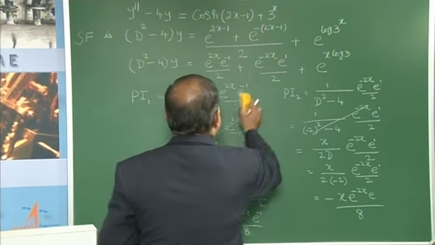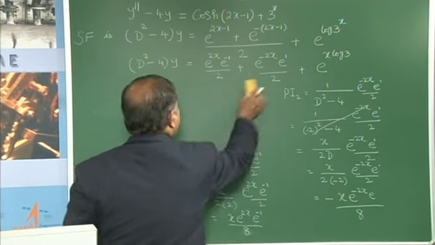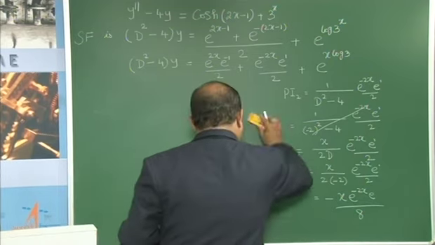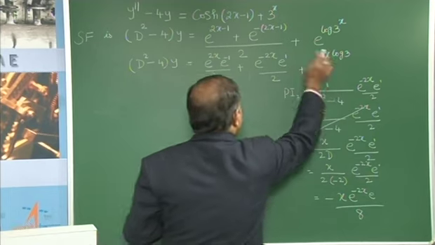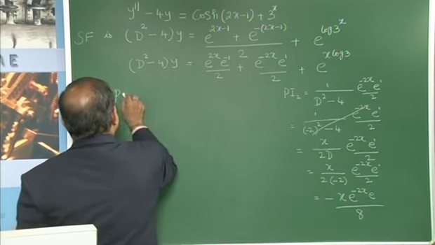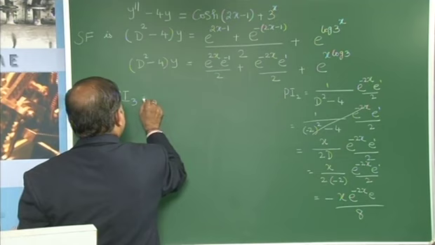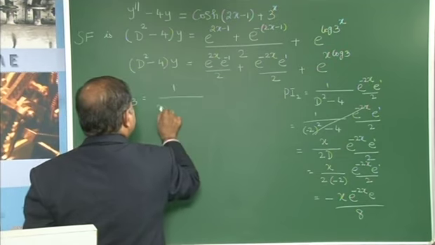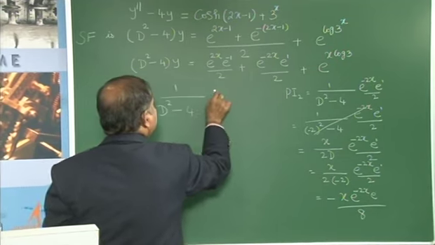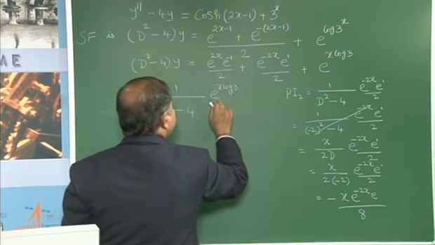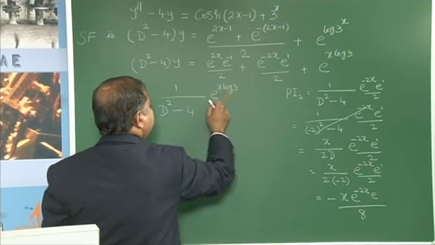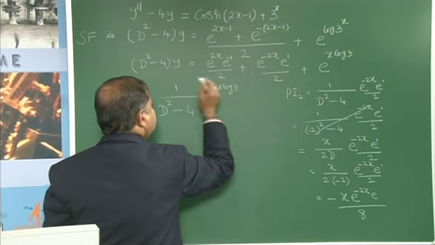Now one more is there, we have to find the particular integral 3. You see that I have converted it in terms of exponential, therefore 1 by D squared minus 4, e power x log 3. Same way, e power ax, a value is log 3.